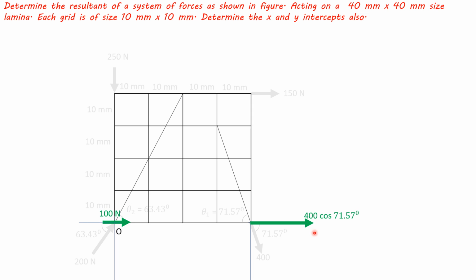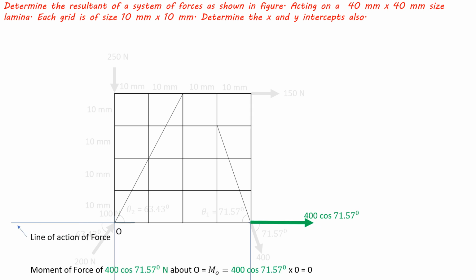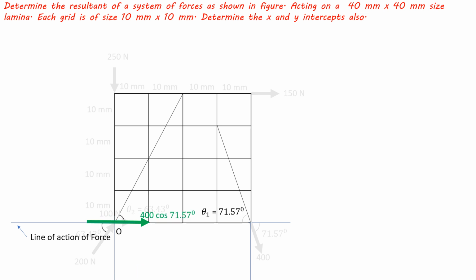Now for this force, line of action of force is like this, and it will pass through point O like this. So this will also have 0 perpendicular distance about point O. So its moment about point O will be equal to 0.